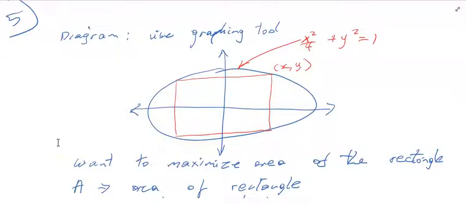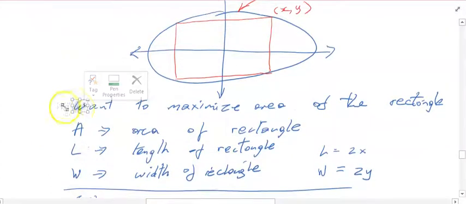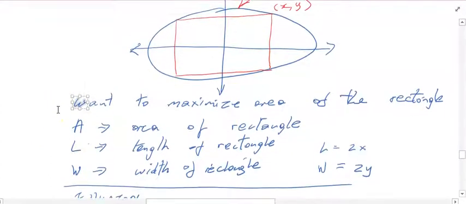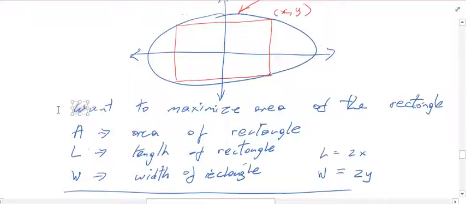We want to maximize the area of the rectangle. Let A be the area of the rectangle, L the length of the rectangle, and W the width of the rectangle. L will be equal to 2x, and W is equal to 2y.